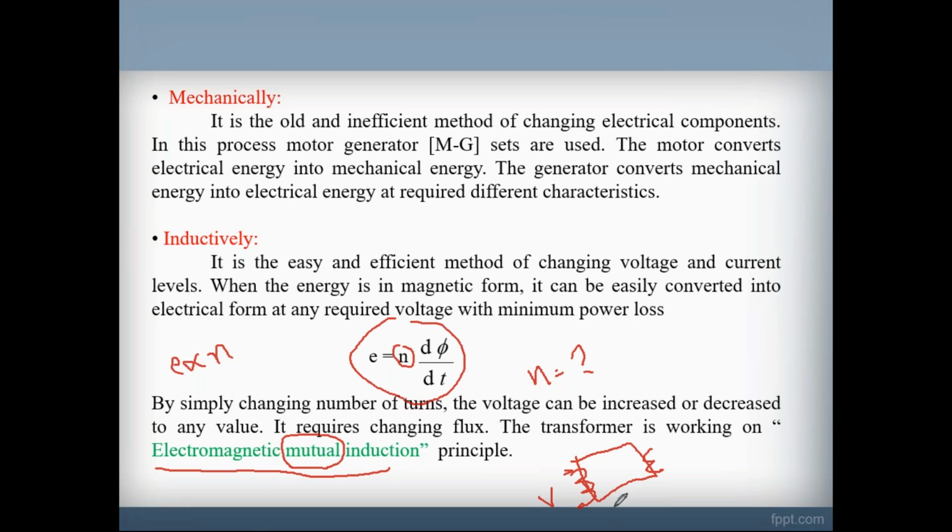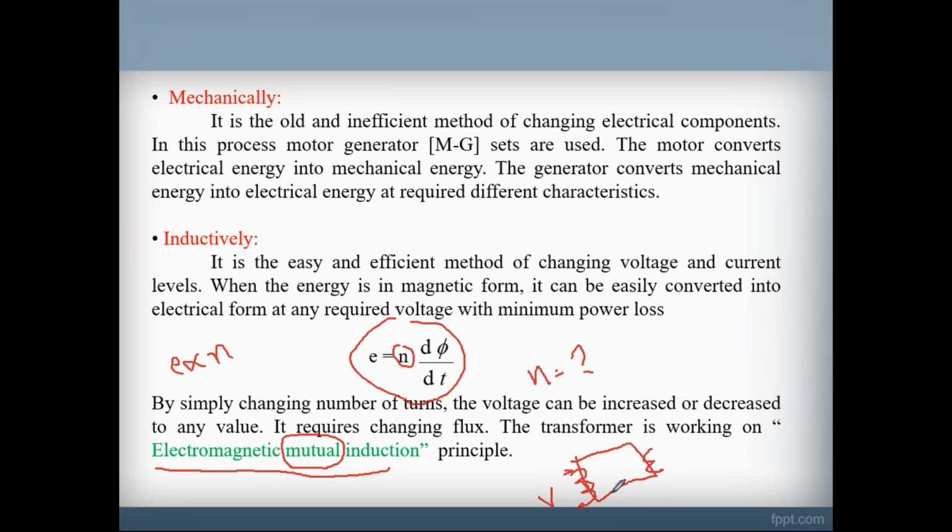Now, here we have the primary and secondary, right? Like stator and rotor in the motor and generator. In motors and generators we studied stator and rotor, similarly here there are two circuits, primary and secondary. So this is the primary circuit and secondary circuit. Now how are these two circuits connected, either electrically or magnetically? How are these two circuits connected?